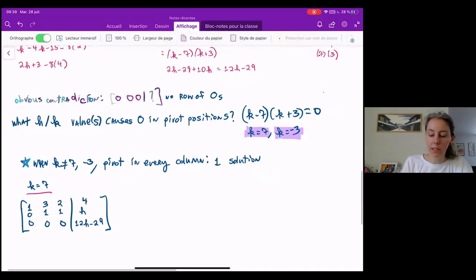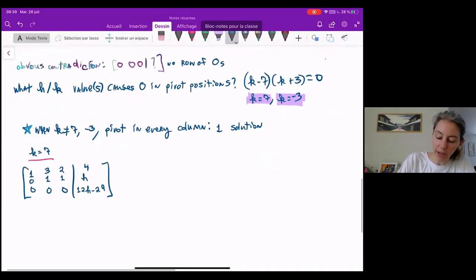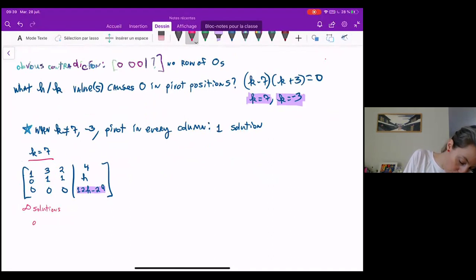And here we can see that this depends entirely on this value right here. We have this obvious contradiction. So if k equals 7, we can have infinite solutions here, or we can have no solution, depending on that value of h.